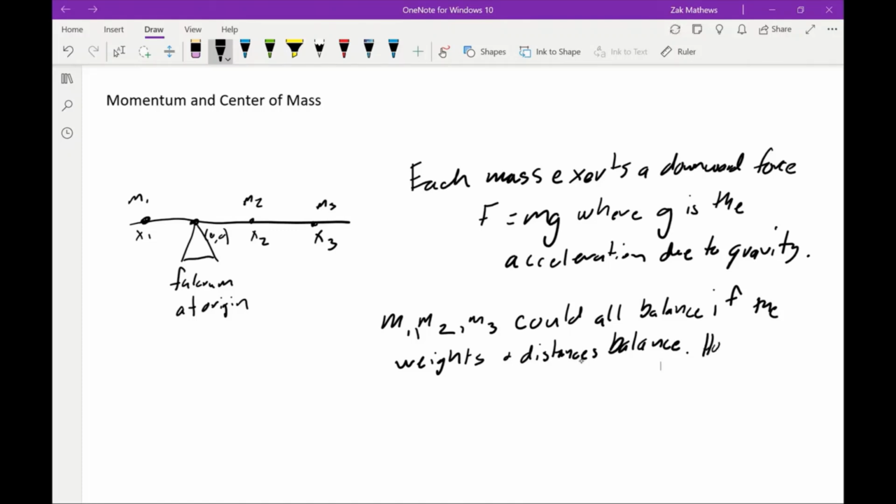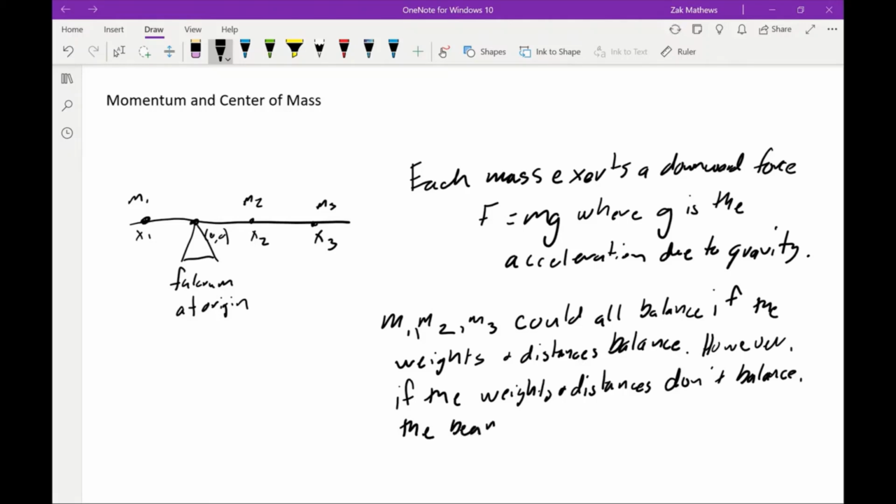However, if the forces do not balance, if the distances and weights don't balance, the beam will become uneven. It will not just stay completely horizontal as it is now.